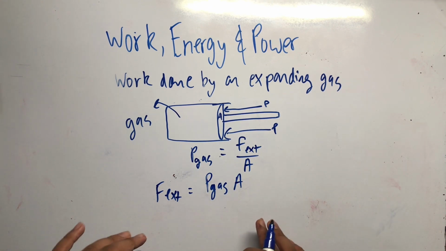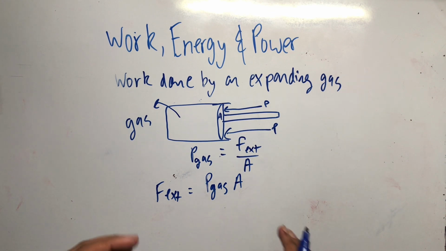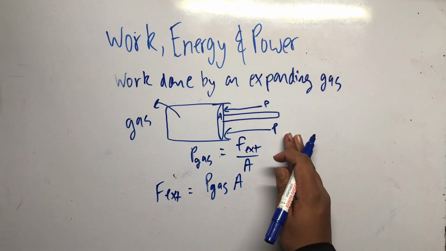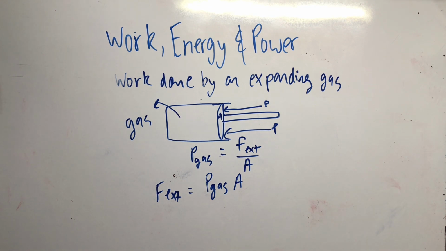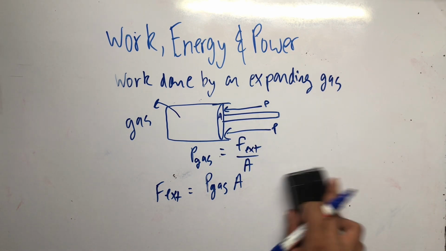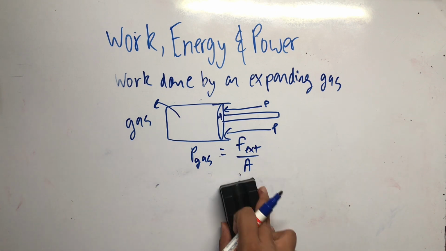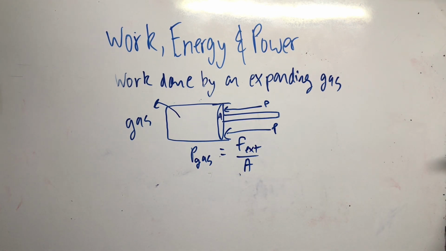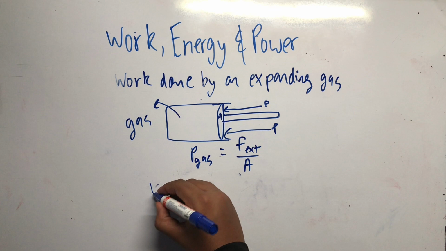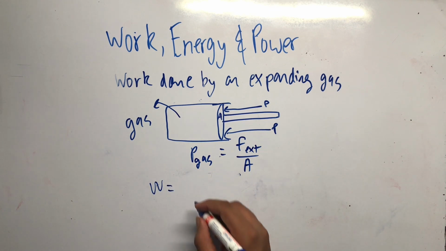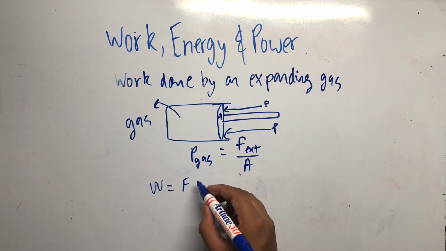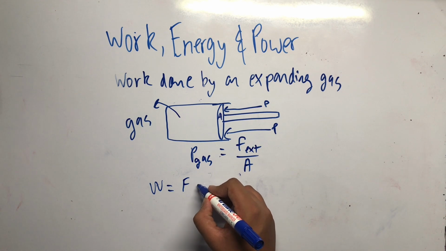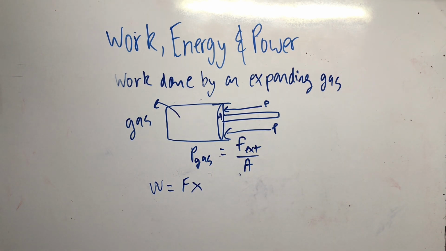So again, the work done by the expanding gas against this constant pressure is equal to the force times the displacement in the direction of the force.